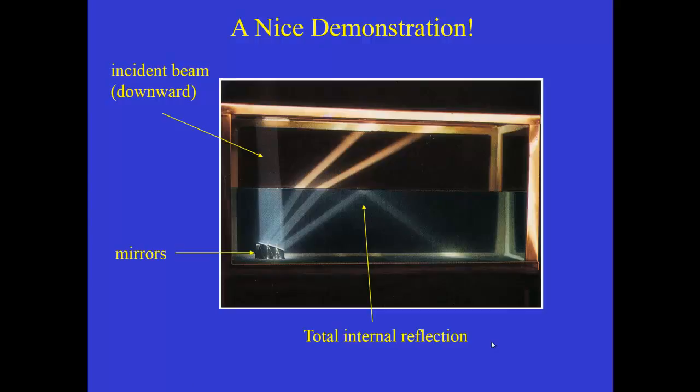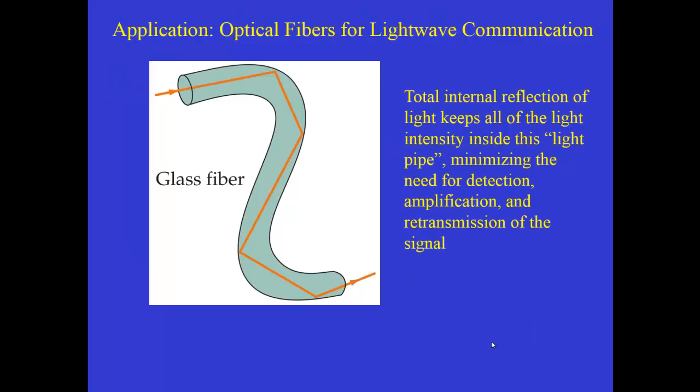And there's one more example of a more practical nature that I can tell you about, and that is in light wave communication using optical fibers. There are special transparent materials that we can make optical fibers out of that are flexible and can be bent, and if you shine light into them, the light will always hit the interface from the fiber to the air around it at an angle that's greater than the critical angle for total internal reflection.